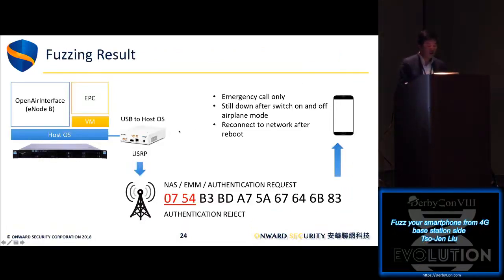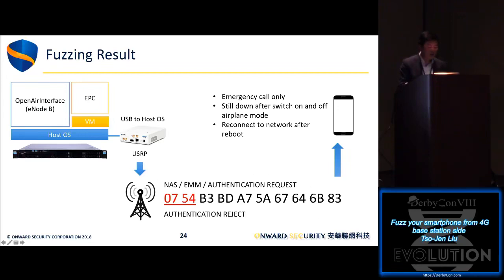So we connect this Google Nexus 5 to our environment. In our testing, we found the last message is called authentication request. When it starts with 0754, it means authentication reject.